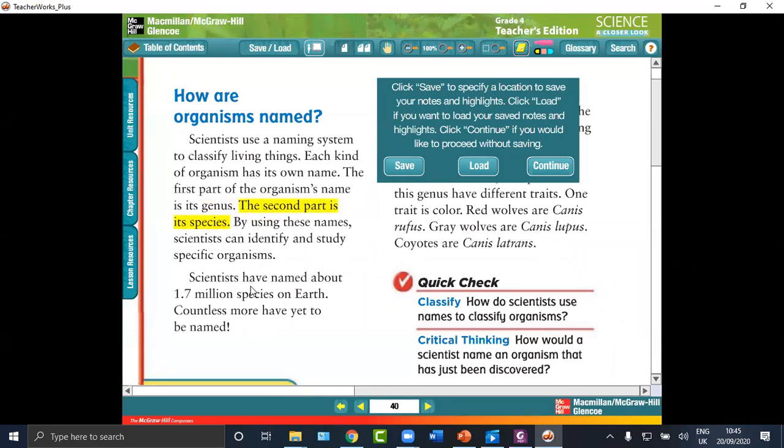The second part is its species. By using these names, scientists can identify and study specific organisms. Okay, thank you, you did well. Here you can put a highlight. The first part is the genus, the second part is its species. You have to distinguish between the first part and the second part. We explained in the video.